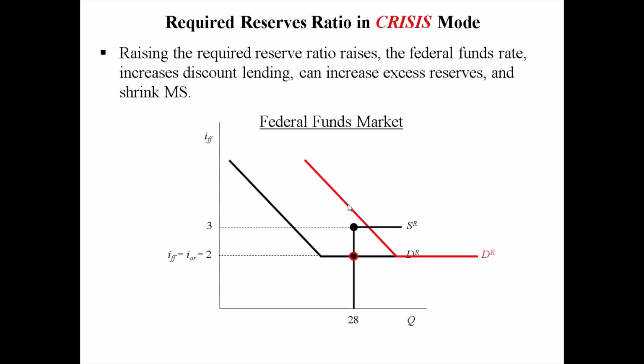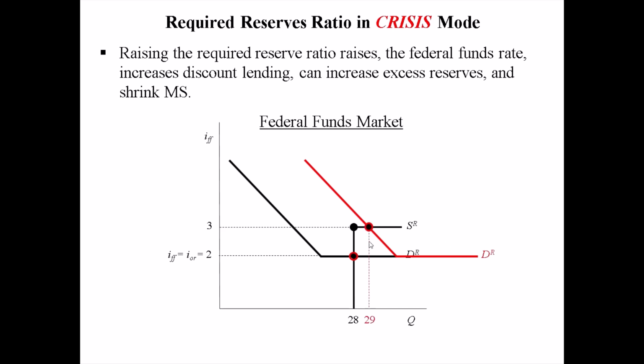And this has been so extreme that it now intersects the horizontal section of the supply curve. It could have shifted out to here where maybe it intersects the vertical section of the supply curve. But in this example, it shifts out and intersects the horizontal part of the supply curve.